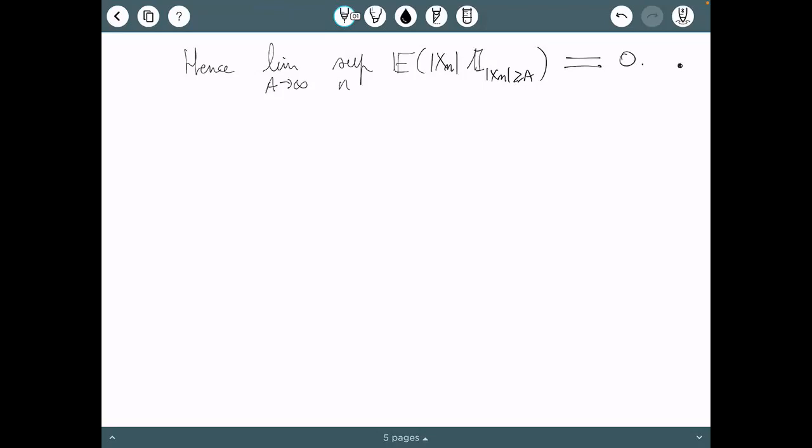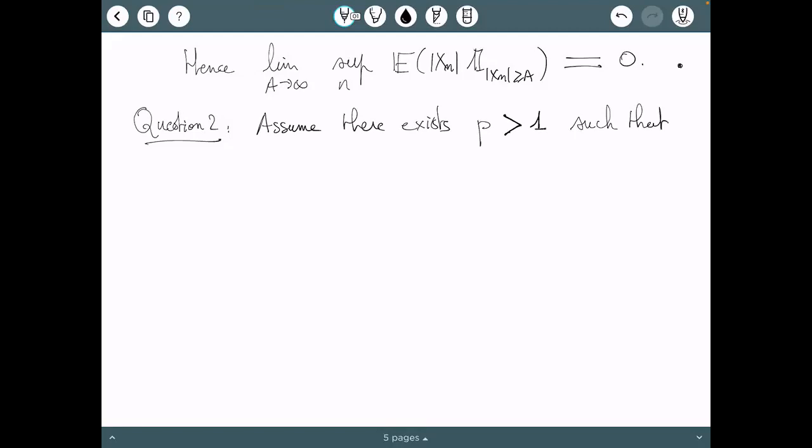Okay, so question number 2 is the following. Assume there exists p strictly bigger than 1, strictly, not greater or equal to 1, such that the supremum over n of the expectation of xn to the power p is finite.